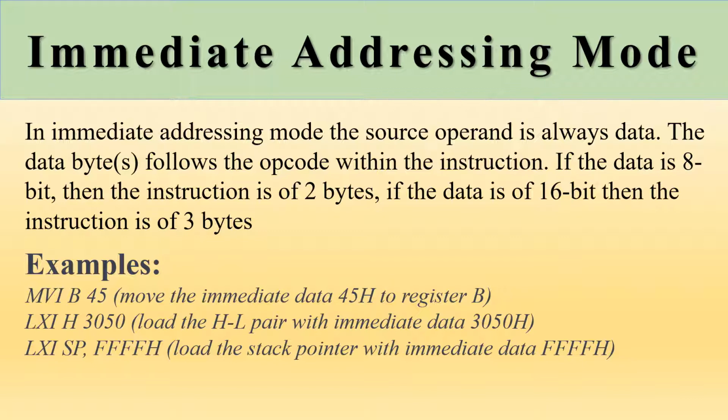Similarly, we have LXI H 3050. So a 16-bit data is loaded into the HL register pair, or LXI SP FFFFH. So the 16-bit data is loaded into the stack pointer. So these are the various examples of immediate addressing mode.